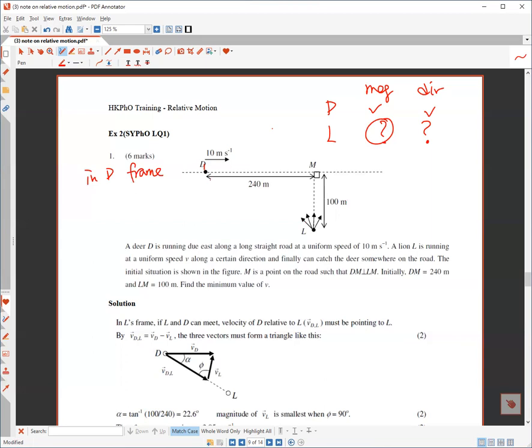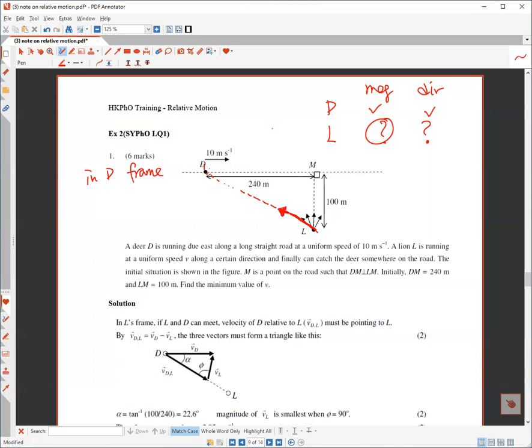And then if the lion can chase the deer, the relative velocity of the lion relative to the deer must point towards the deer. I think you agree with it.